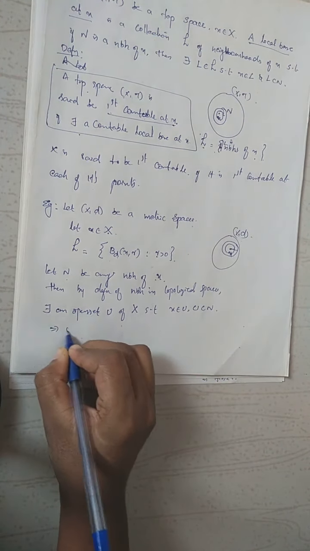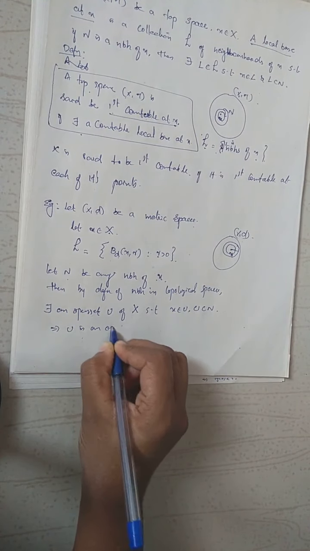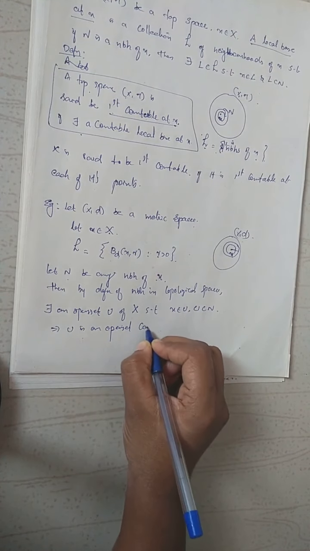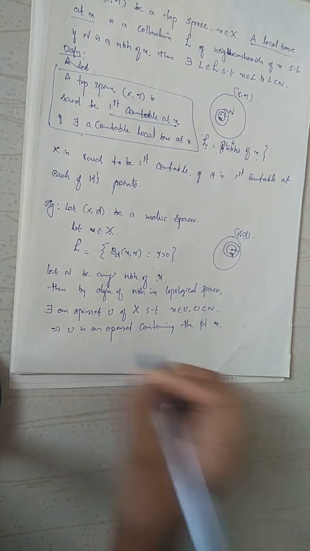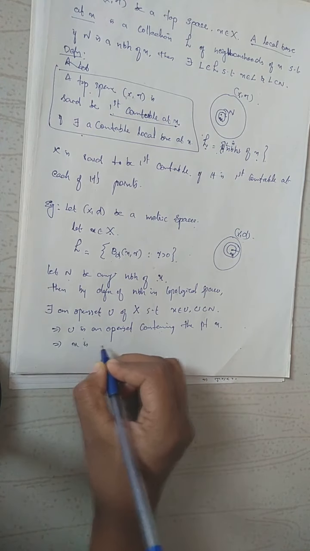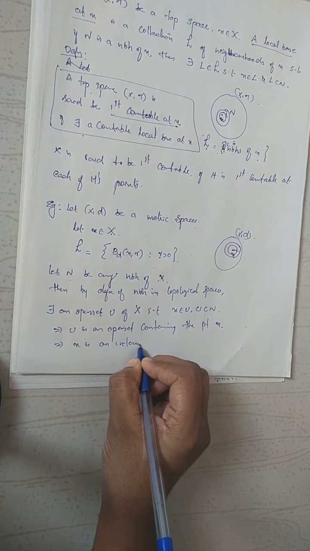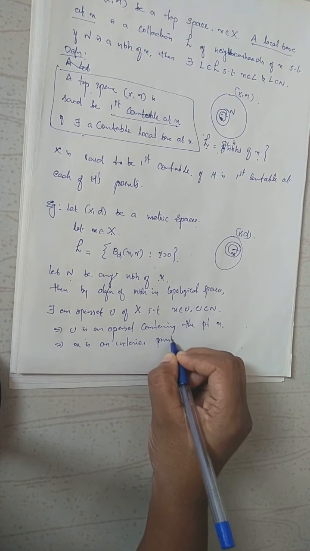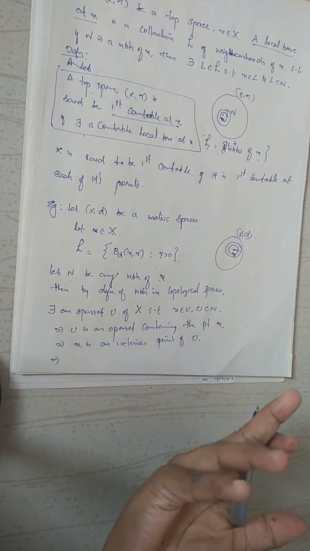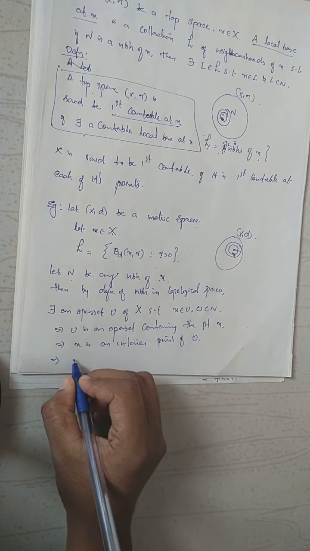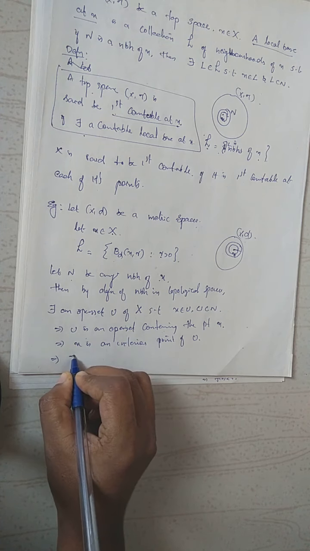Which implies U is an open set containing the point X, which implies X is an interior point of U. So by the definition of interior point in a metric space, since it is an interior point, there is a neighborhood fully contained in U. To define a neighborhood in a metric space, we need a radius.